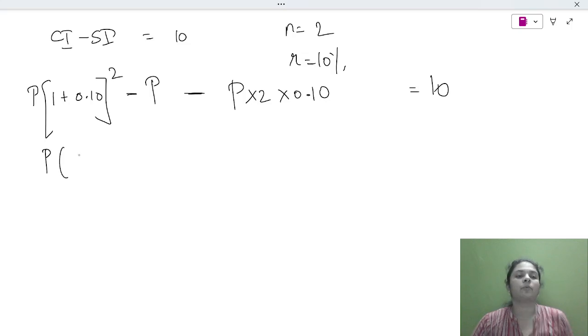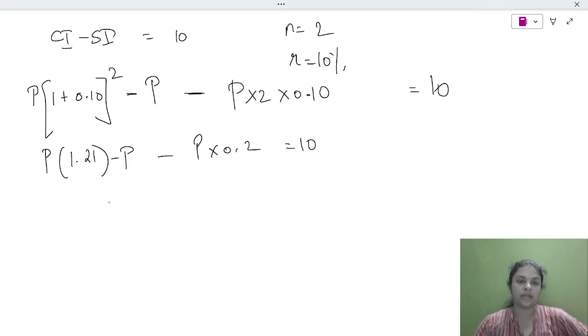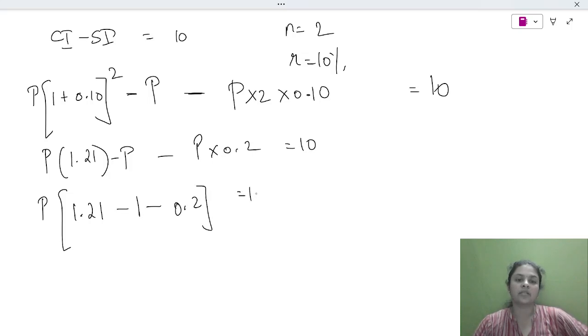P into 1.10 square, 1.21, minus P minus P into 0.2 is equal to 10. So take P everything outside: 1.21 minus 1 minus 0.2 is equal to 10.